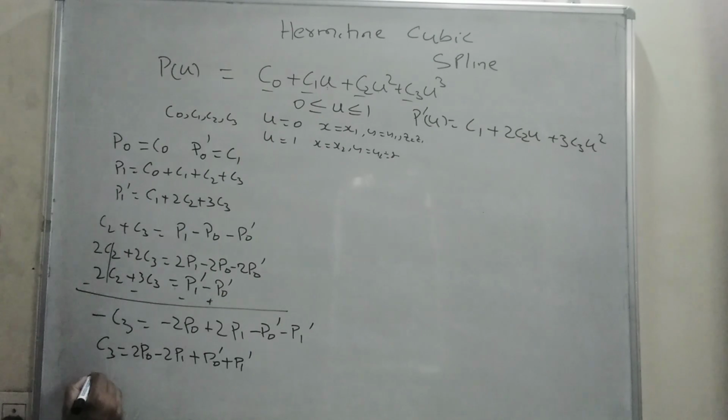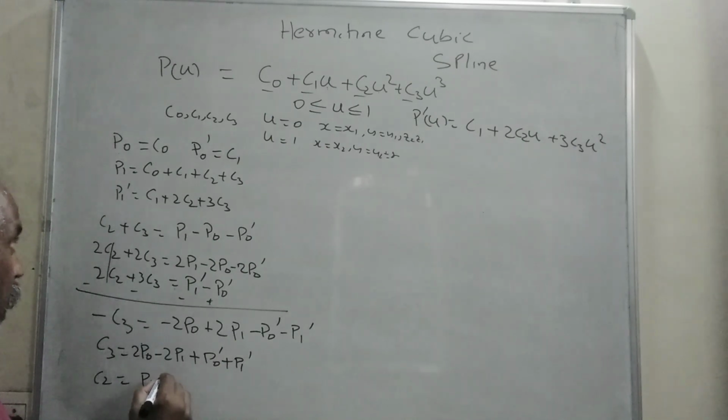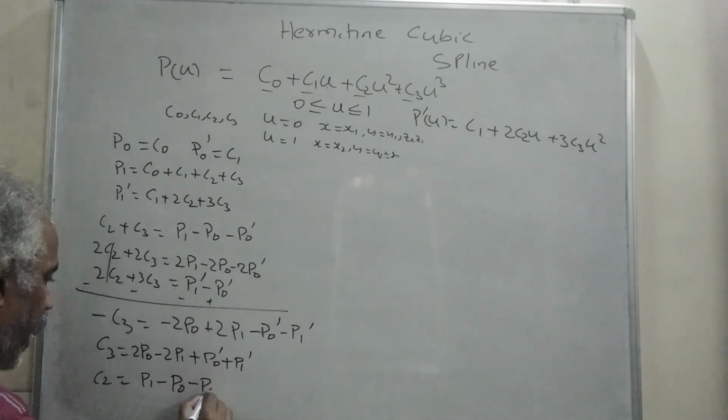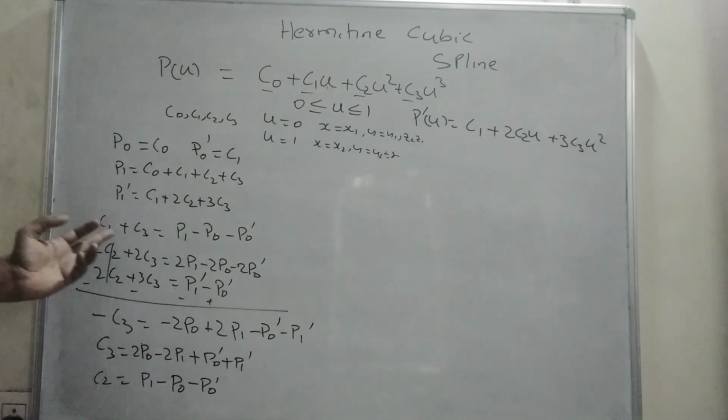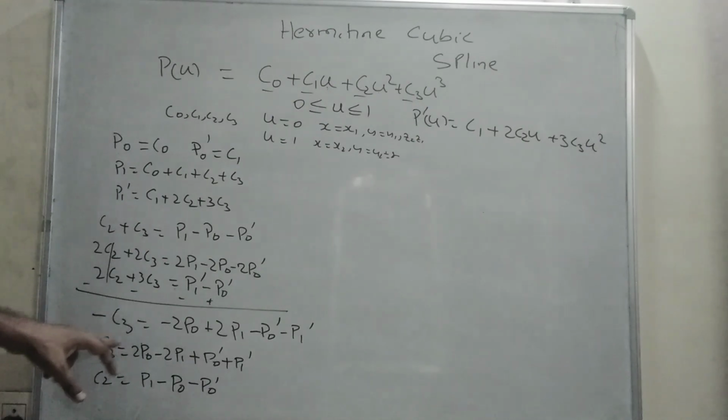Now what is C2? C2 is equal to P1 minus P0 minus P0 dash minus C3. Minus C3 is how much?